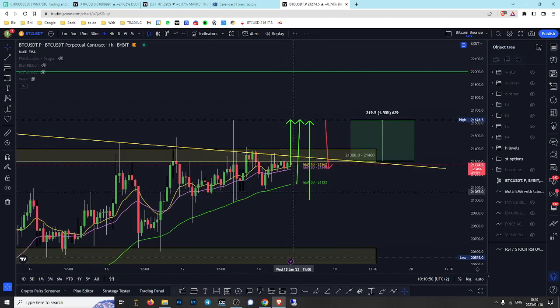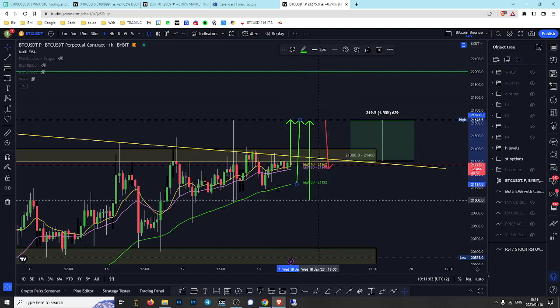Or you could hope before the news that we might be lucky and come down to this 50 EMA. So if you could pick it up there, you could get into that trade there. Or otherwise, you could just pre-order and hope that the same thing happens, that we have a wicked spike to the downside, and you hope that you get filled. So the order would have to be lying there.